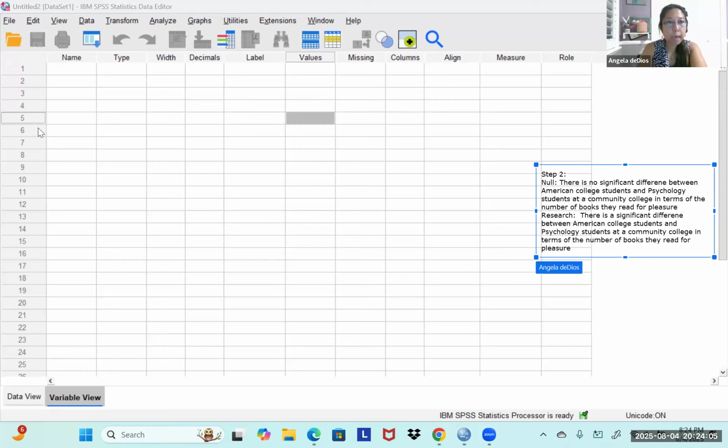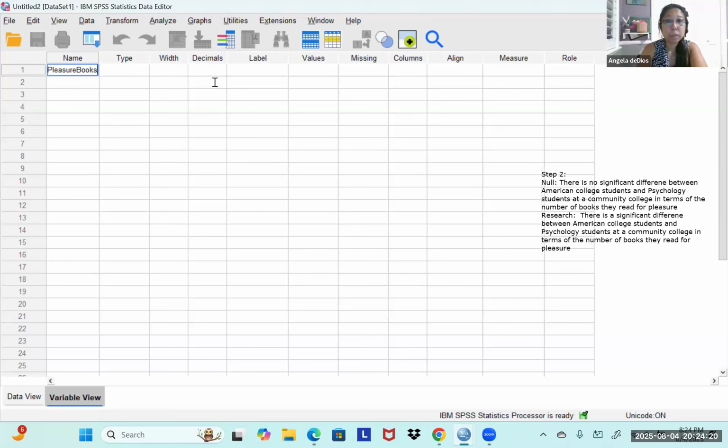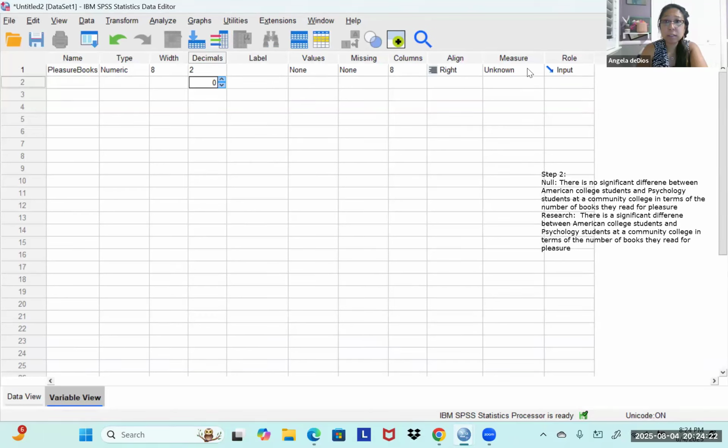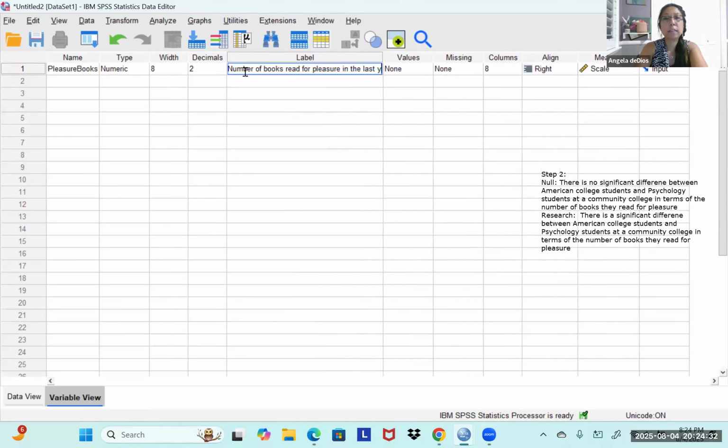We learned about how to use SPSS a little bit earlier in a different video, but here's my data view, here's my variable view. So the variable view here is pleasure books, right? This is scale, and I'll label it with number of books read for pleasure in the last year.